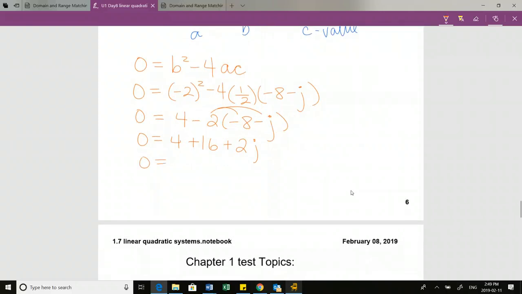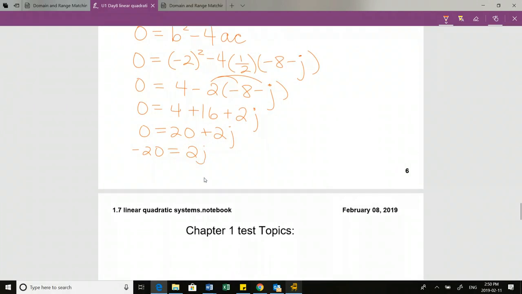So I'm just going to move the 20 over, and it will become -20. And then I just have to divide that 2 out there on both sides. Okay. So we get j equals -10.